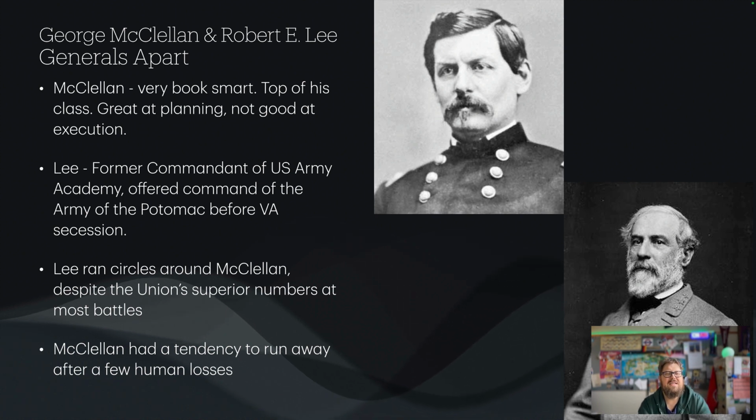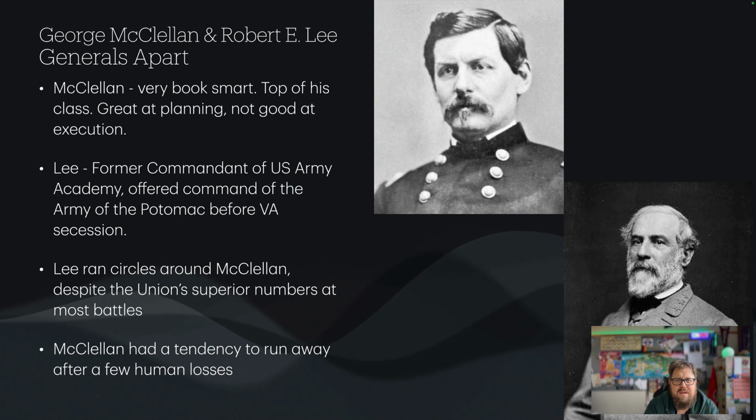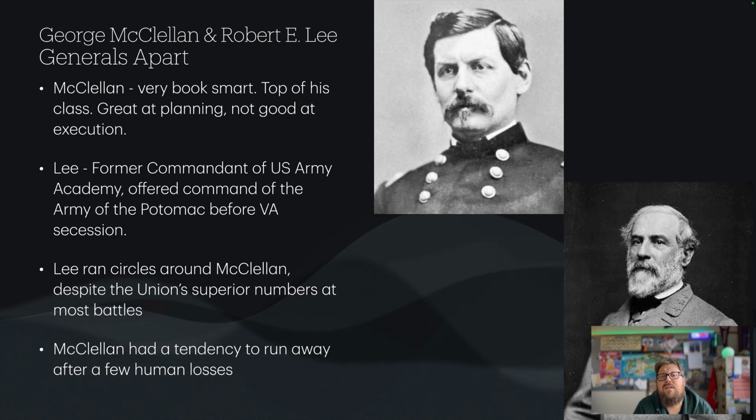What's kind of interesting, and I think if I had been Robert E. Lee, who we'll talk about right now, I would have been rubbing this in McClellan's face every time I saw him. But Lee was offered the command of the Army of the Potomac before McClellan was. Before Virginia seceded, Lee had been the commandant of the U.S. Army Academy.